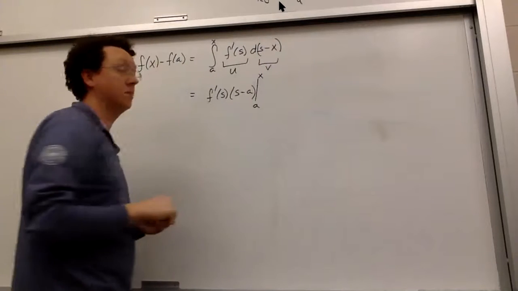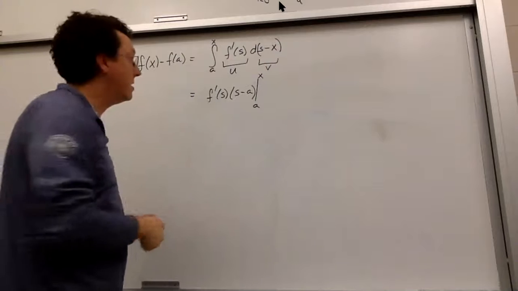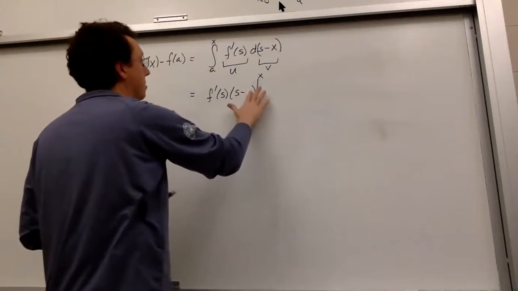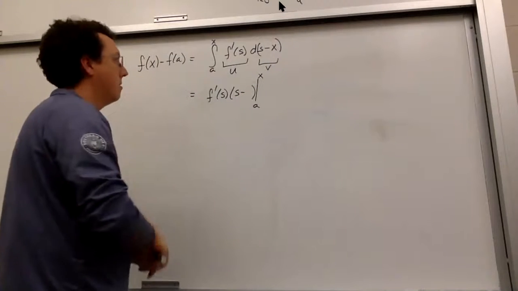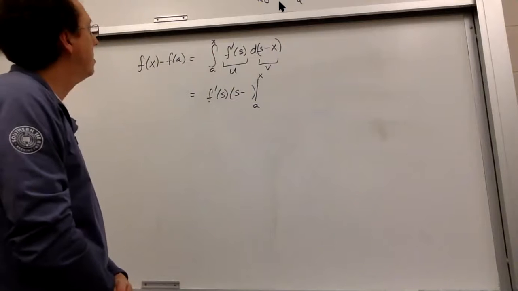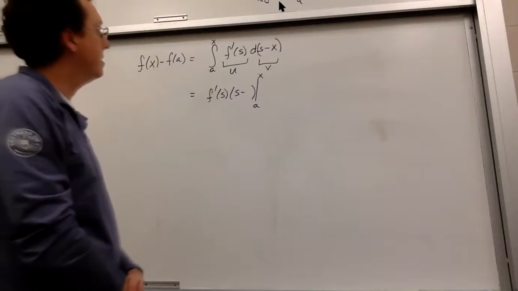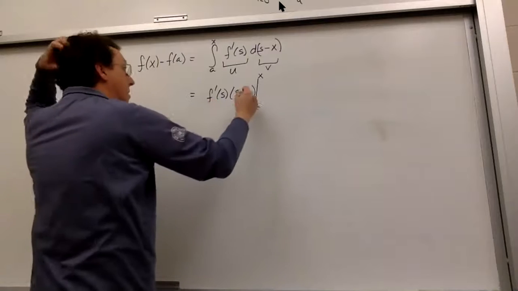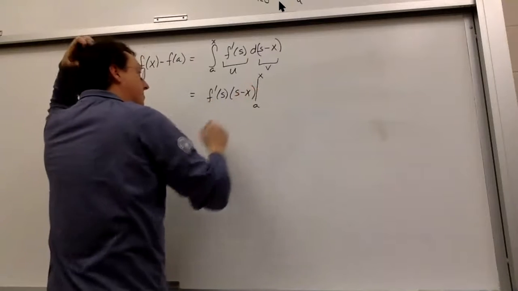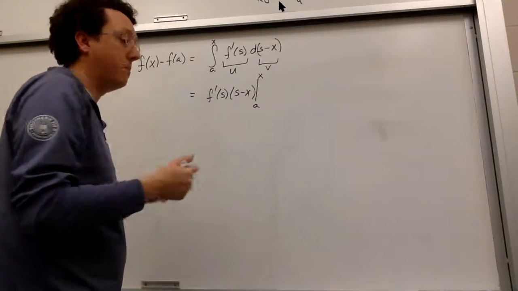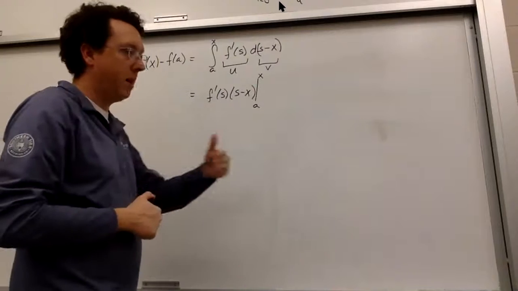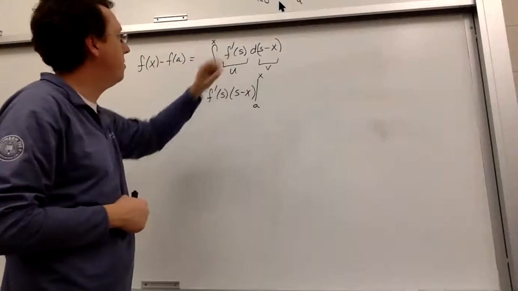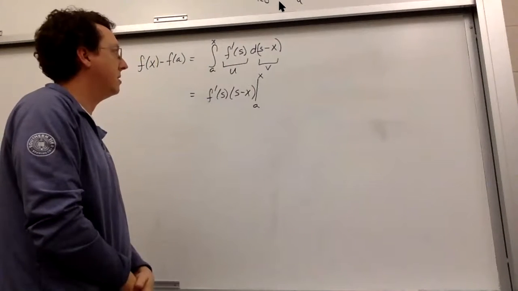You might say that looks really weird, but remember that x is just a parameter in this problem. So you can think of it as just being a constant here. Later on, after doing the calculus, you can allow that parameter to change, but from the point of view of doing the s integral, it doesn't matter.